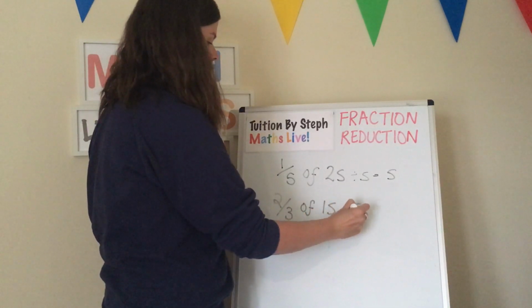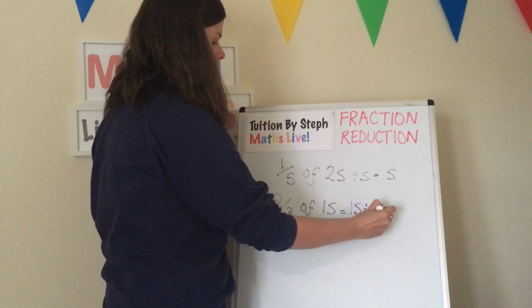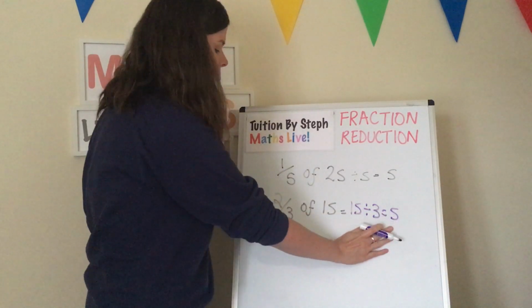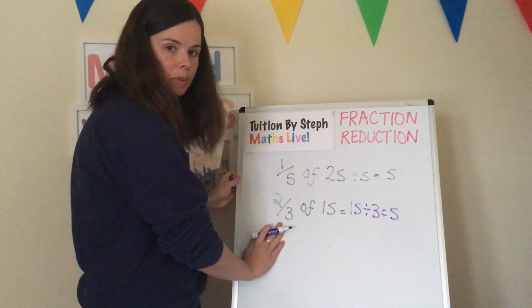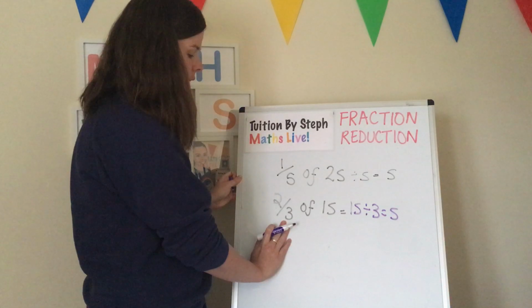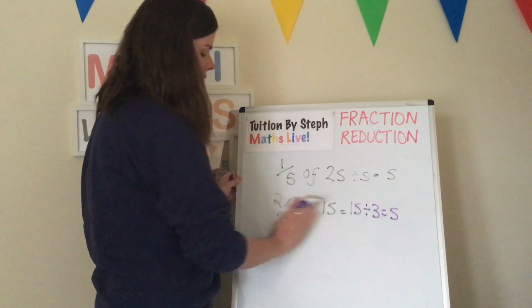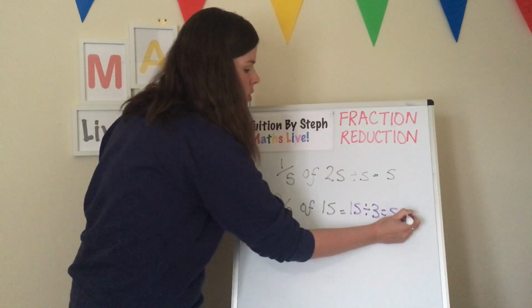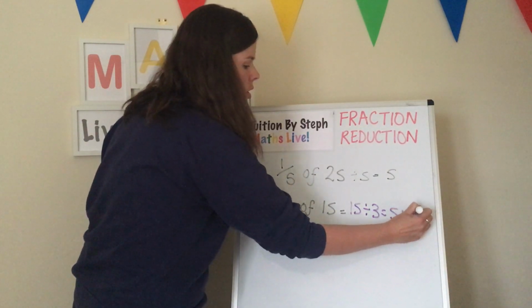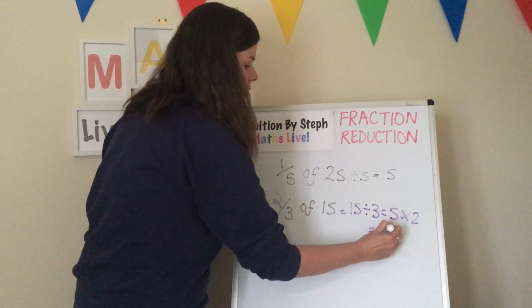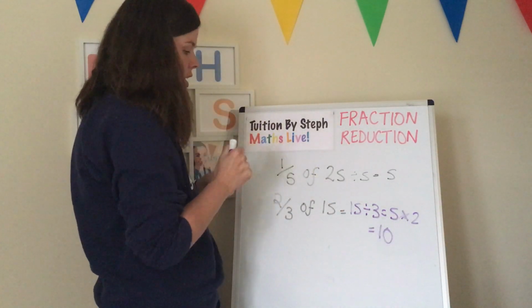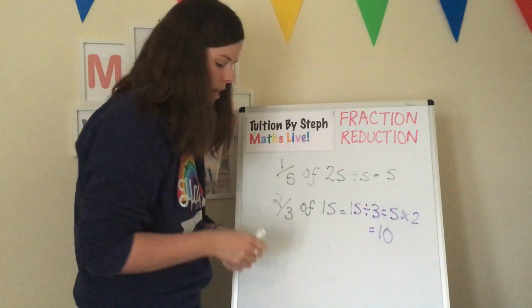But the 5 is 1/3, because you've only divided it by 3, and we want 2/3. So if 1/3 is 5, then 2/3 must be twice as much, which is 10. So 2/3 of 15 is 10.